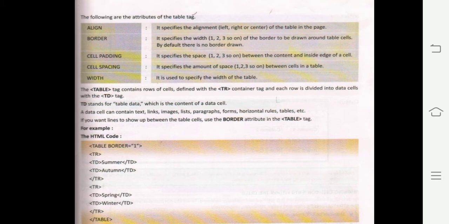T for table, R for row. And we can enter the data into the different cells which we have defined. Then we use the td tag, T for table and D for data. So in combination with these three, the table tag can create tables and data can be inserted into its different cells.